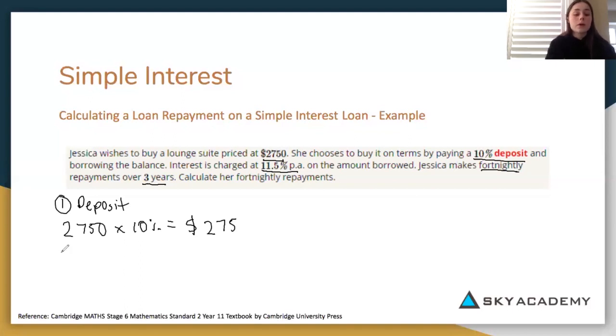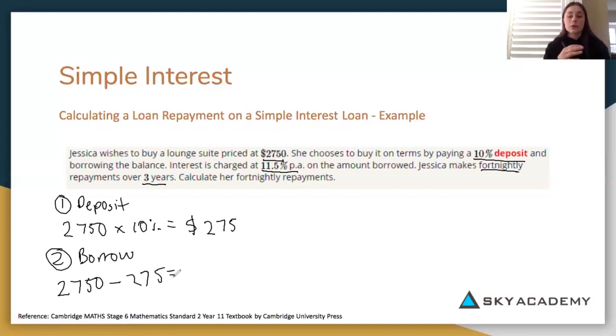She's going to borrow the cost of the lounge minus what she's going to pay. So this is going to be what's left over. And when you find the amount borrowed, it's going to come to $2,475. So that's how much she's going to have to repay, and that's how much is going to get interest as well.